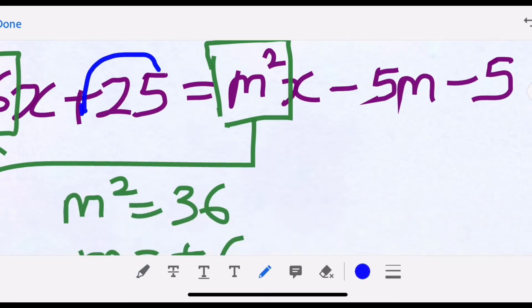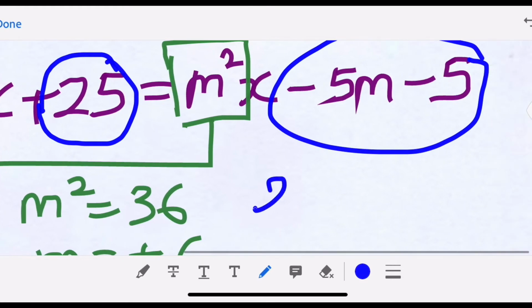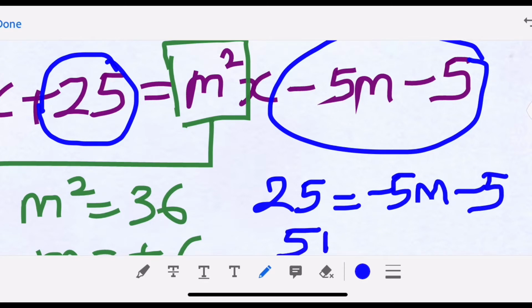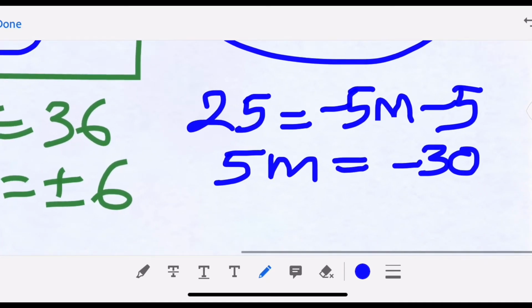So m can also be obtained by comparing 25 equal to negative 5m minus 5. So you can actually try to do a comparison on both sides and make sure you reach the same answer. Then you get the answer perfectly and you can double check for careless mistakes.